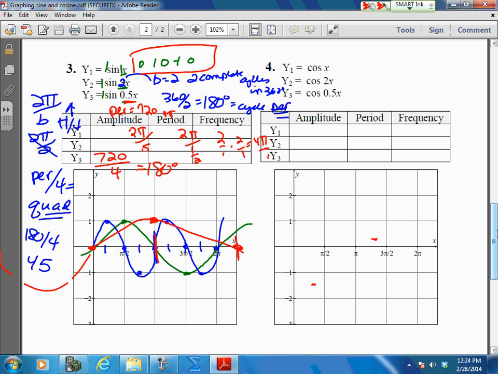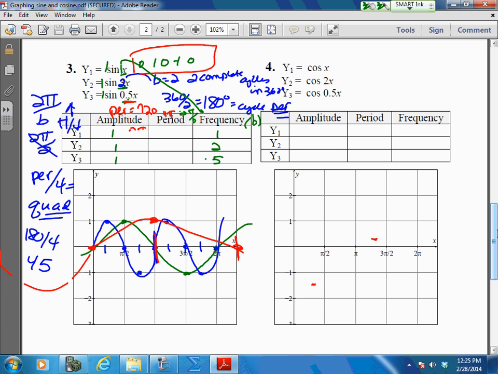Can you fill in the chart? Sure. So for the first one, we were green, right? Our amplitudes are all 1. Go for your frequency first. The frequency is this guy, the B. The period is 2 pi over B. So B here is 1, B here is 2, and B here is 0.5.